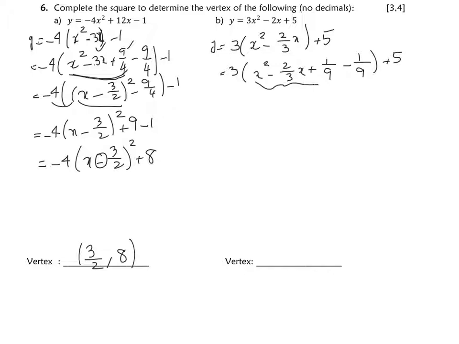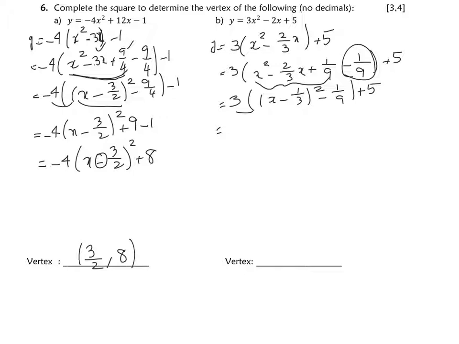Now take the first three terms. X squared minus 2 over 3 x plus 1 over 9 can be written as a complete square as x minus 1 over 3 squared, and then the negative 1 over 9 here, plus 5.